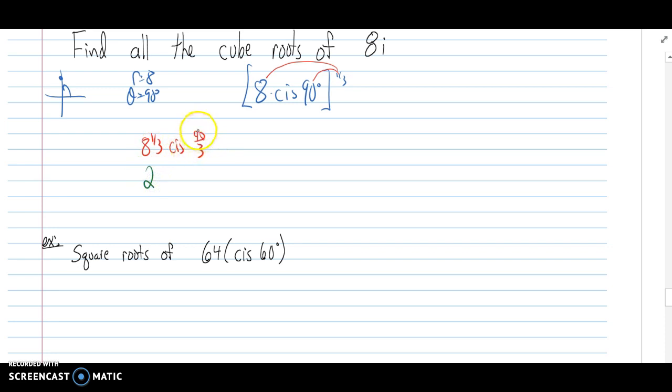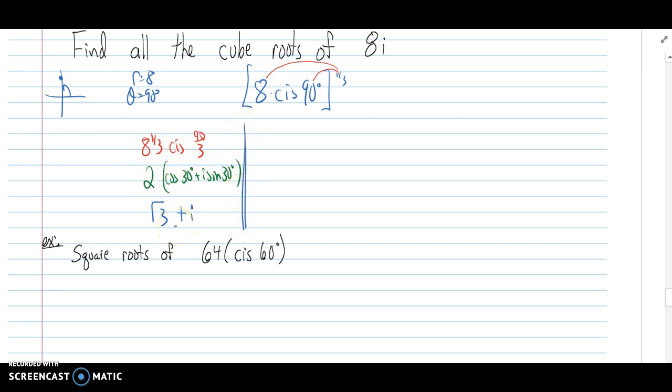And then 90 divided by 3 is 30, so it's the cosine of 30 plus i times the sine of 30. And for these values, the cosine of 30 is square root of 3 over 2. When we multiply that by 2, it will just give us the square root of 3. The sine of 30 is 1/2. 2 times i 1/2 will give us plus i.